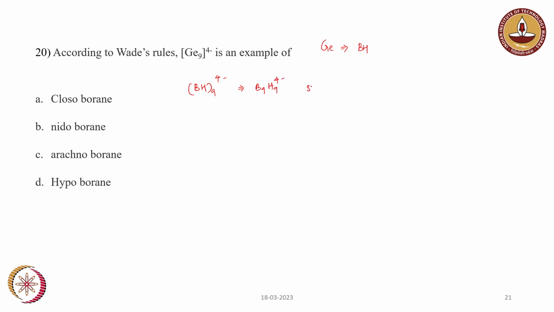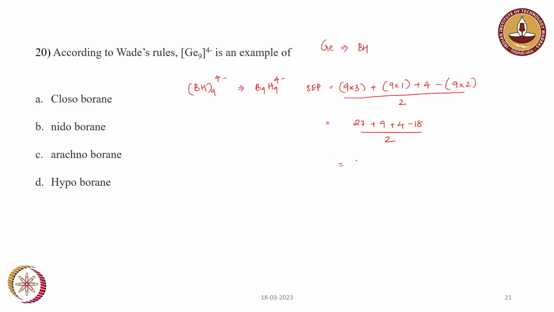So we can write down the SEP. It will be 9 into 3 plus 9 into 1 for hydrogen plus 4 for the negative charge, minus 9 BH units, 9 into 2, divided by 2. It will be 27 plus 9 plus 4 minus 18, divided by 2.